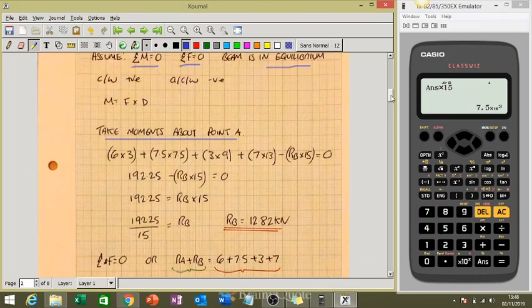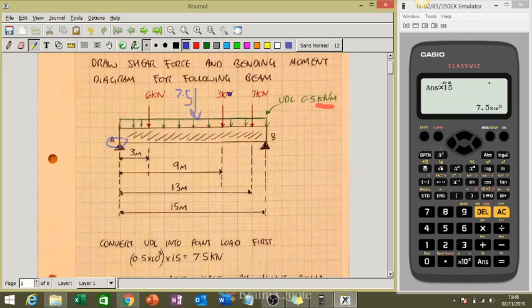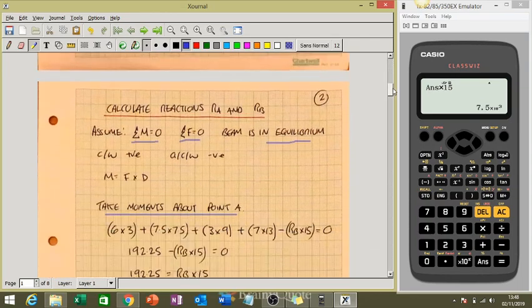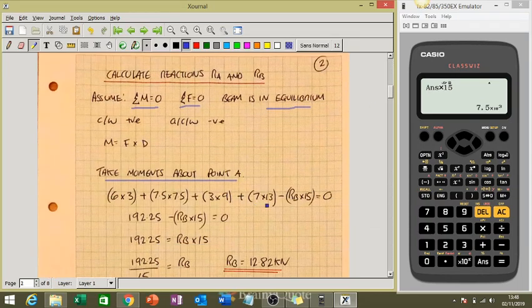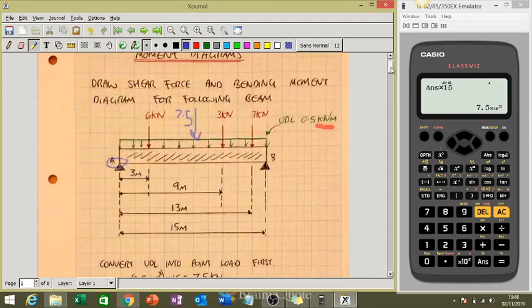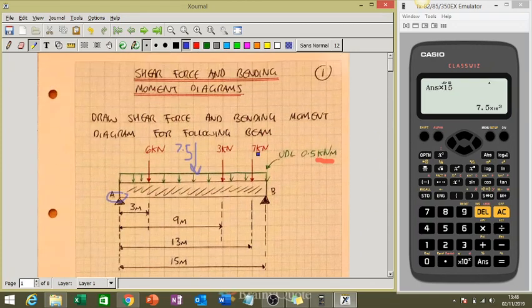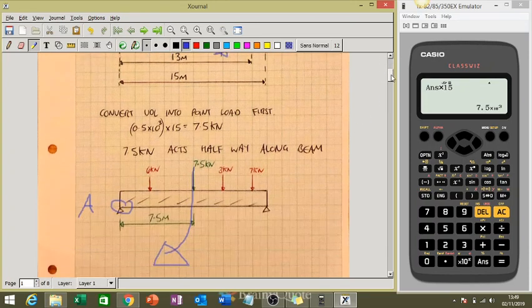Plus 3 times 9, 3 kilonewtons 9 meters away, positive. The last one of the forces, 7 kilonewtons 13 meters away, again going clockwise, so 7 times 13 is a positive moment.